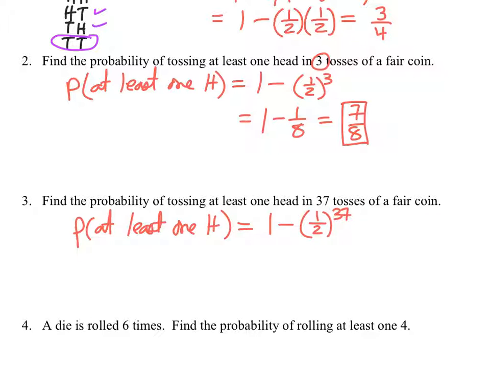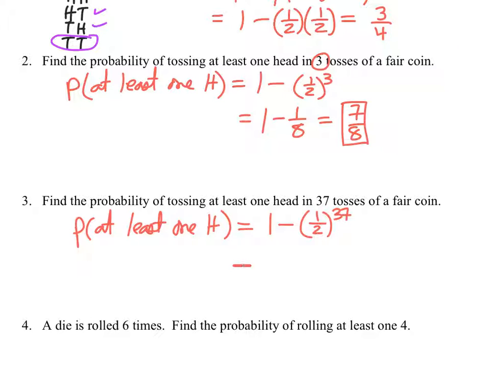So let's tackle this a little differently. Let's do 2 to the 37th power. All right, so that's our denominator. It's 1 less than that, because there's only one instance where you would have none.